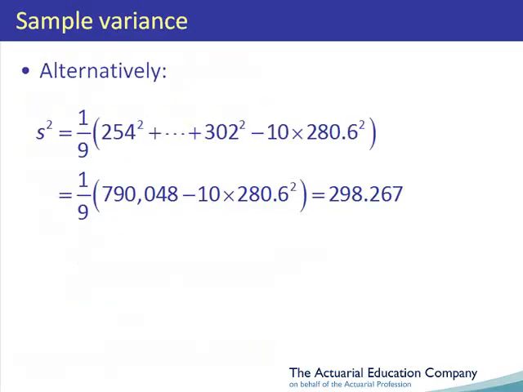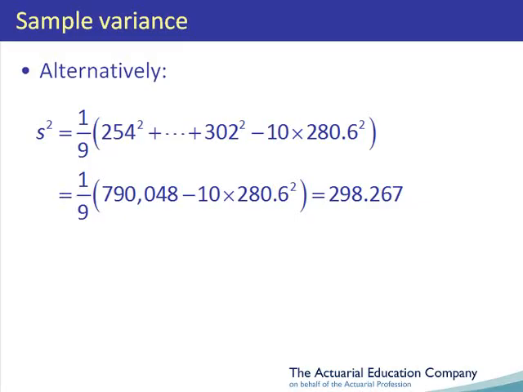In fact, there is a quicker way of calculating the sample variance. Instead of squaring the deviations, we can square the original sample values. If we square them, add them up, subtract the square of the mean multiplied by the sample size, and then divide the answer by n-1, we will obtain the same answer as before.